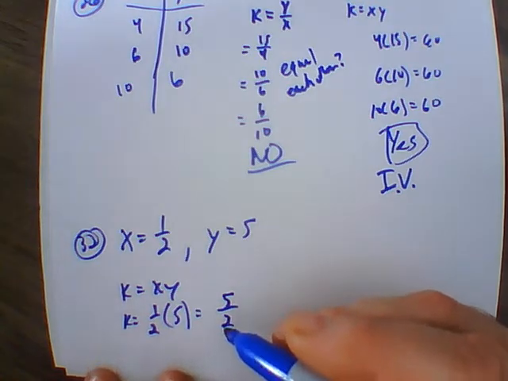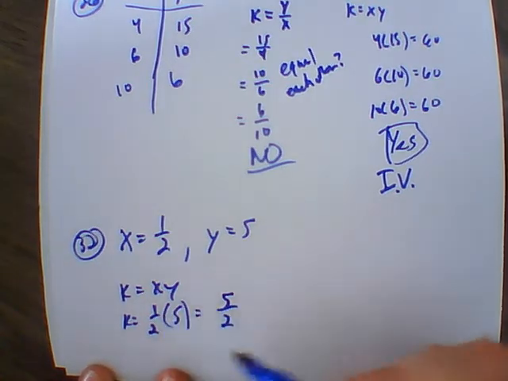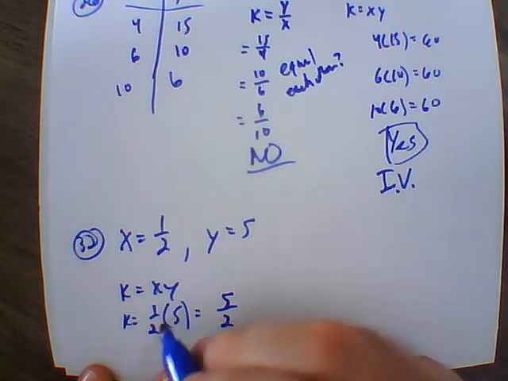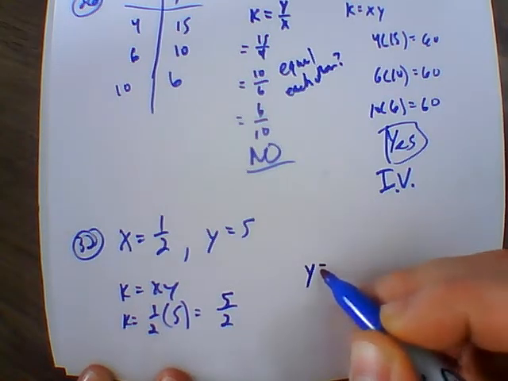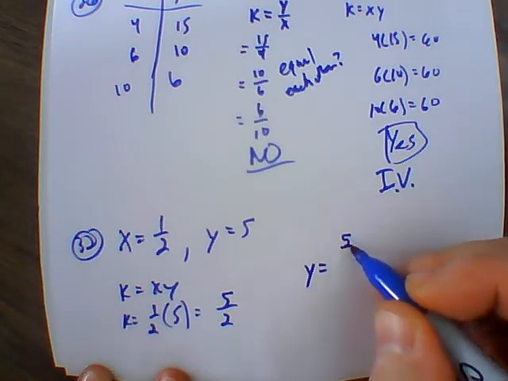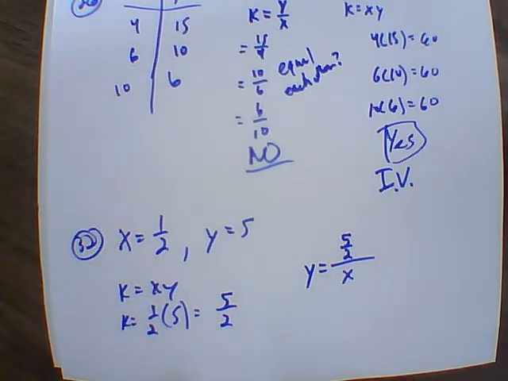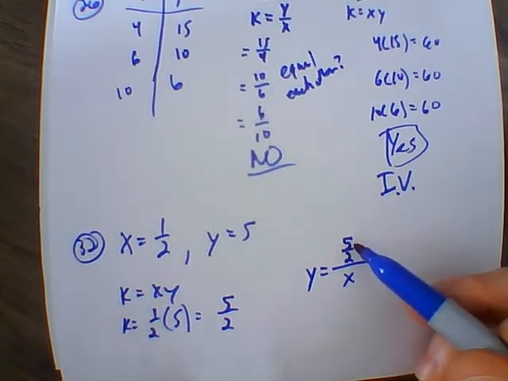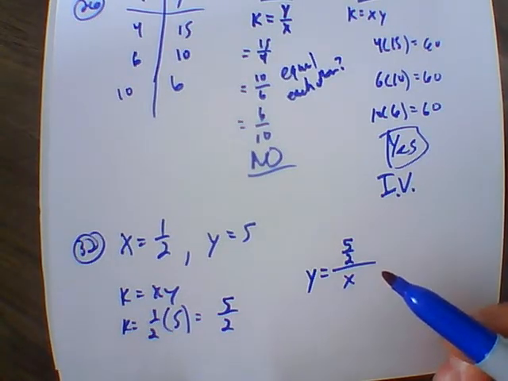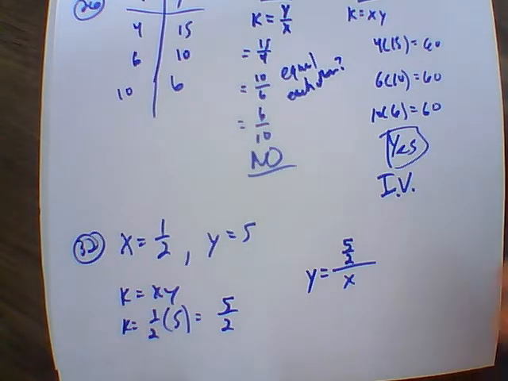It is 2.5, but we can leave it as this fraction. Then we write an equation where y equals k, which is 5/2, over x. Do realize that this is also 2.5, but I would suggest, like always, that we leave improper fractions for our values.